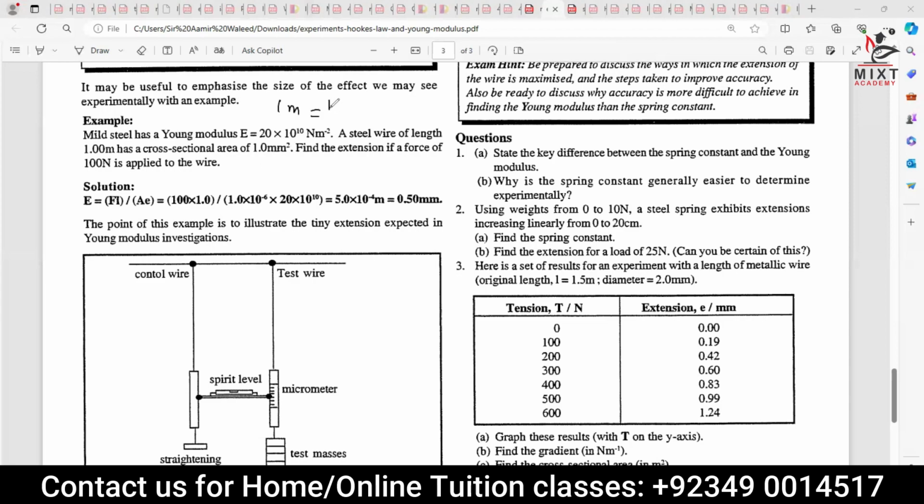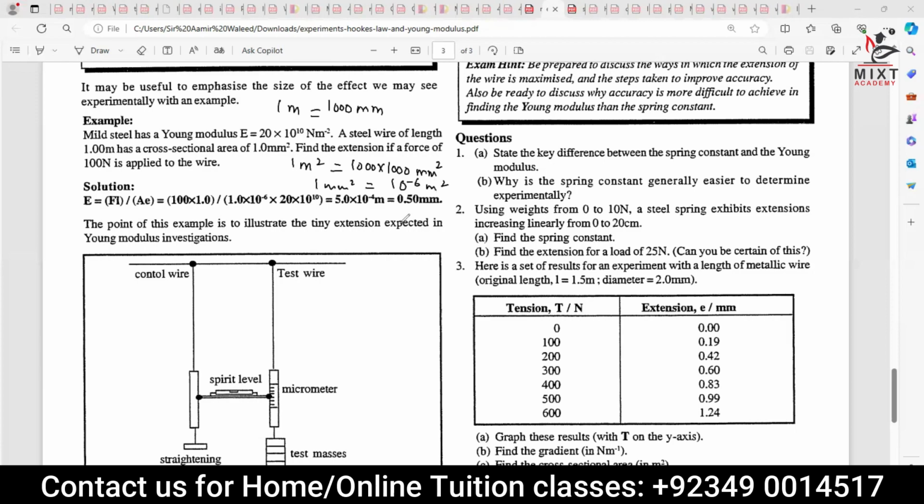Okay. And when you say 1 meter square, it means 1000 multiplied by 1000 millimeters. So basically 1 millimeter square will be equal to 10 raised to the power minus 6 meter square.